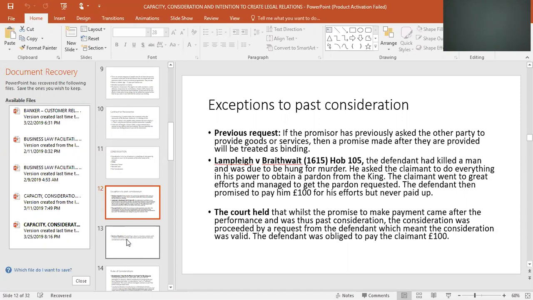So whenever there's a previous request, you cannot term that as a past consideration. There's this case here that you can look at. Lampley versus Braithwaite. It's a very old case, 1615.